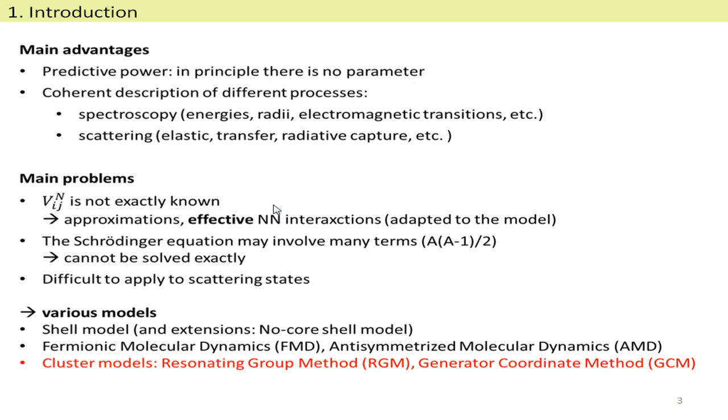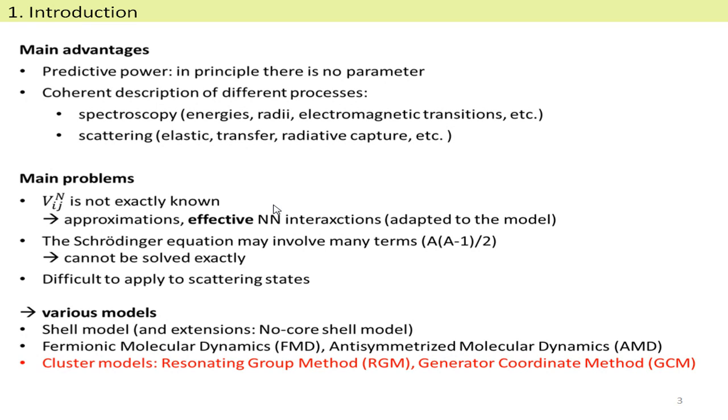So these are huge bases which are essentially applied to spectroscopy. Then there are what are called fermionic molecular dynamics, or antisymmetrized molecular dynamics. I will show you briefly how it works. These are two more or less equivalent.